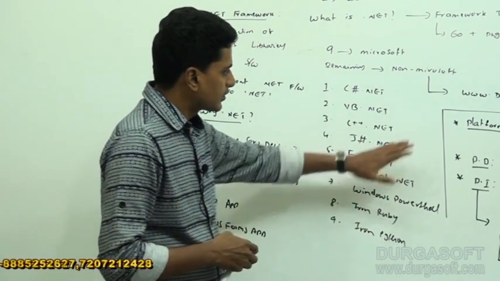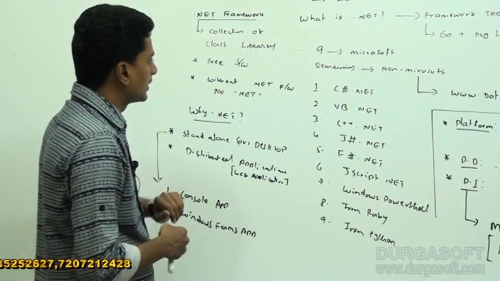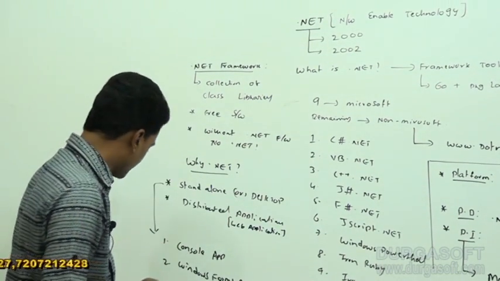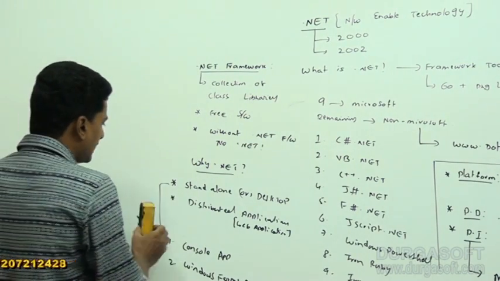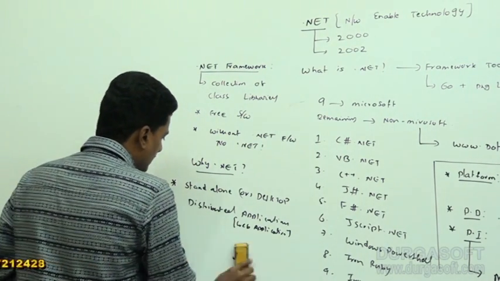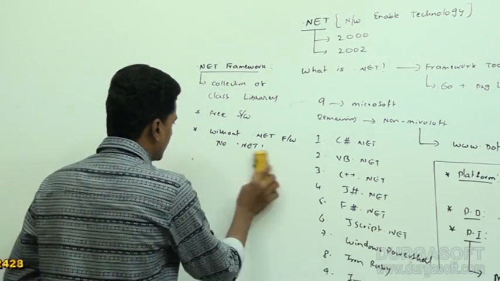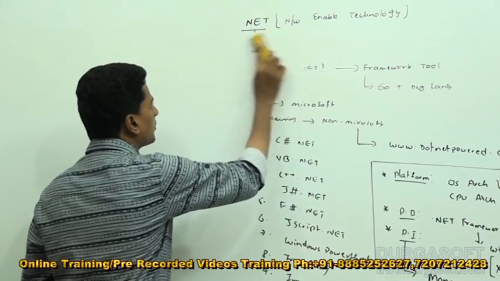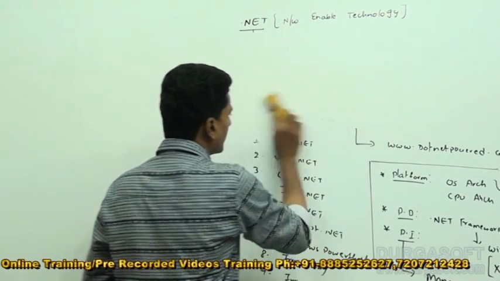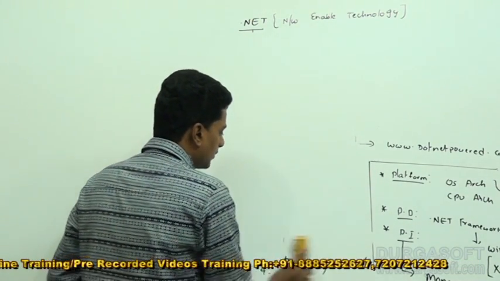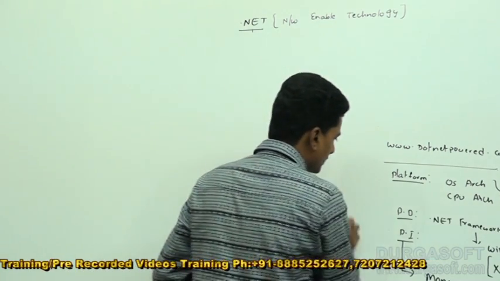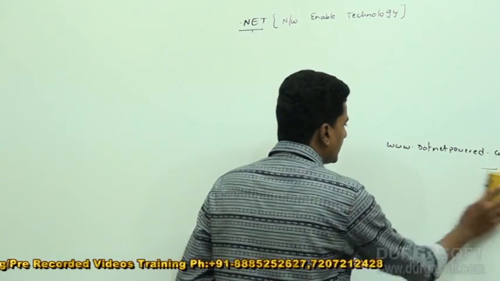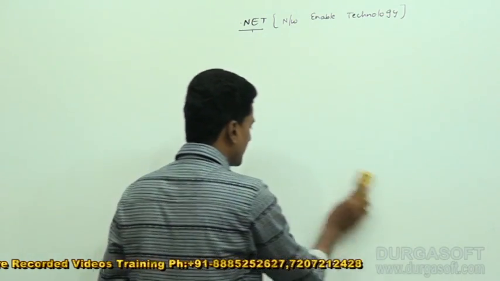Okay, right. So this is what is .NET and why .NET, and how many programming languages .NET supports. Okay, right. So next I am going to discuss the .NET program execution process. In .NET, when we write the coding part, how will it be executed, how will it be compiled, how many compilations are there in .NET program execution.